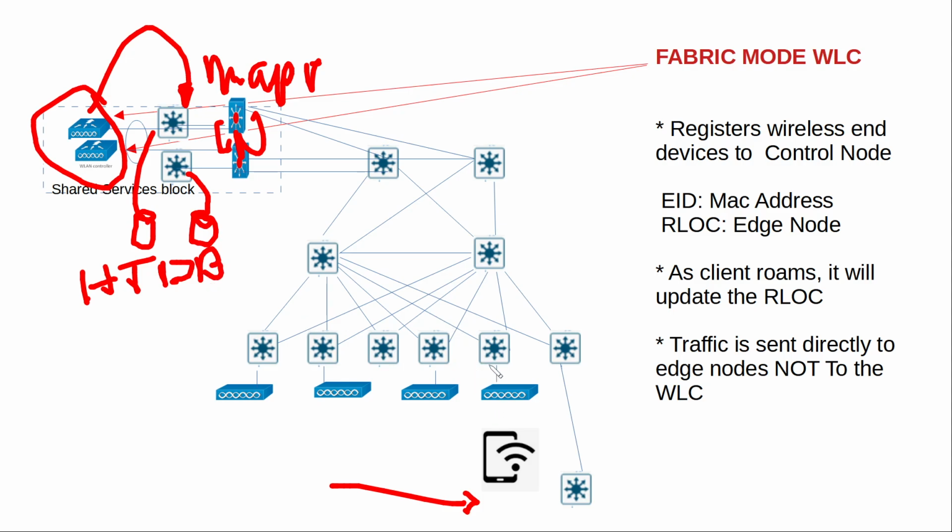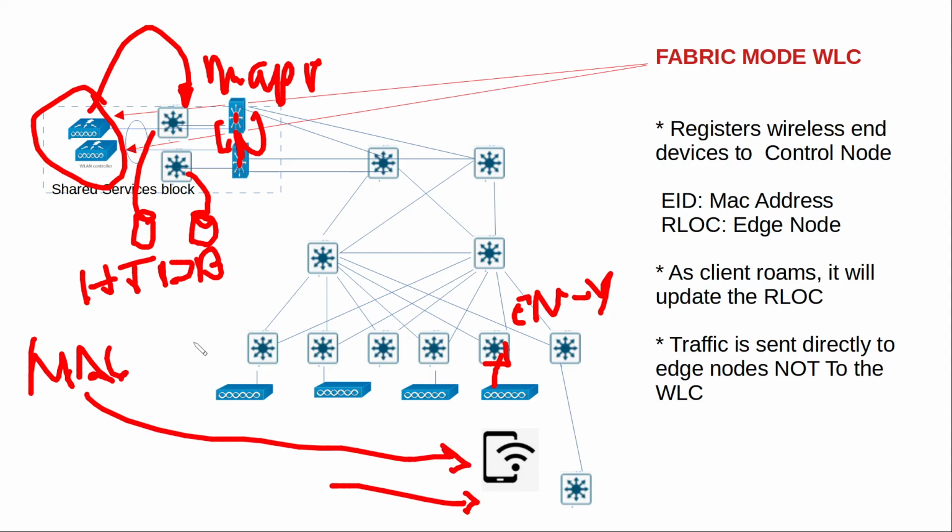In this case, the wireless device has moved to an access point that is connected to a different edge node, and then the host tracking database will be updated accordingly. Now the MAC address that belongs to this device will still be used as the endpoint ID, but now the RLOC has changed, and now it points to the IP address that corresponds to this other edge node.